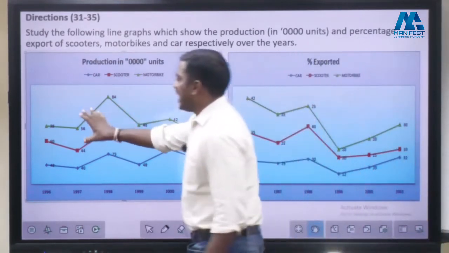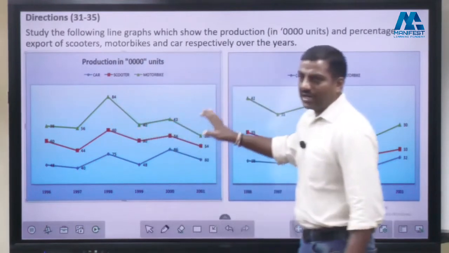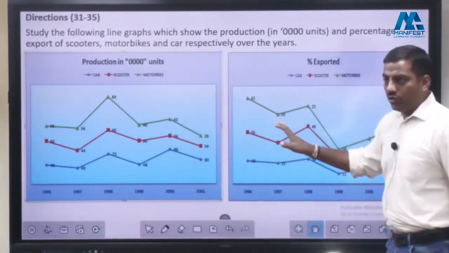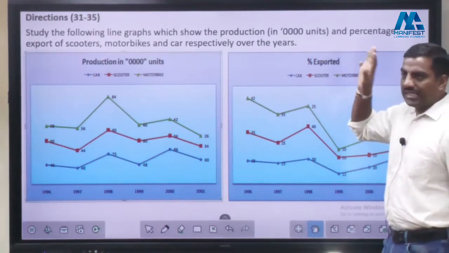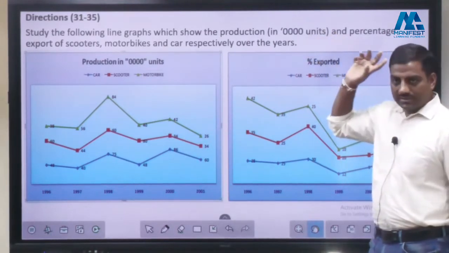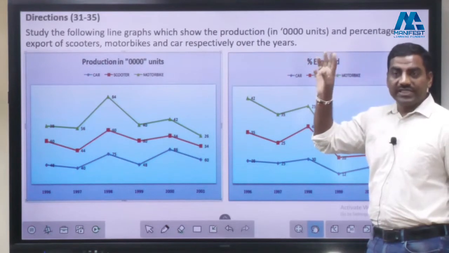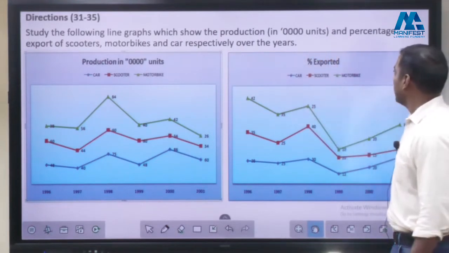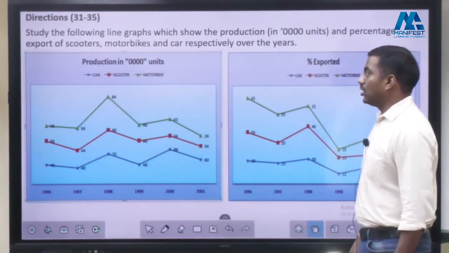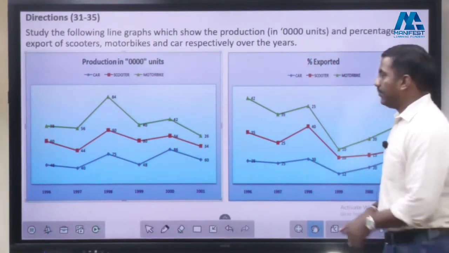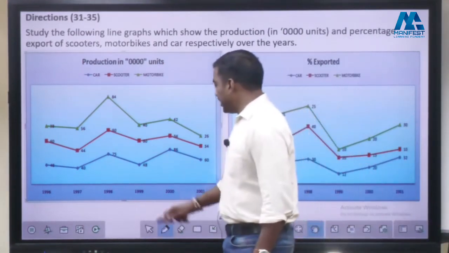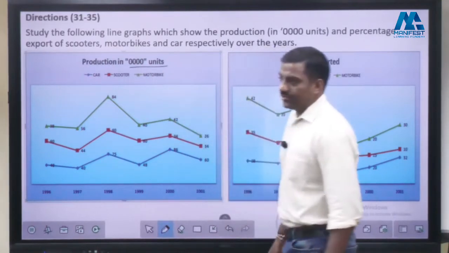Whatever the numbers that we have here in 2 digits, they are not exactly the real value. Real value will come when we attach 4 more zeros. That means into 10,000, not 1000, right? And percentage export of scooters, motorbikes, and car respectively. This is production in 10,000 units.